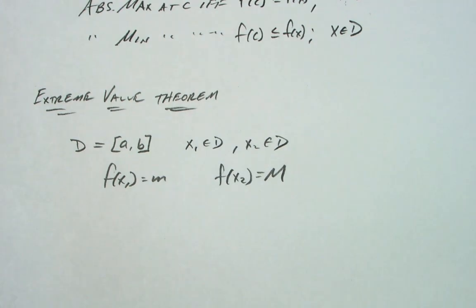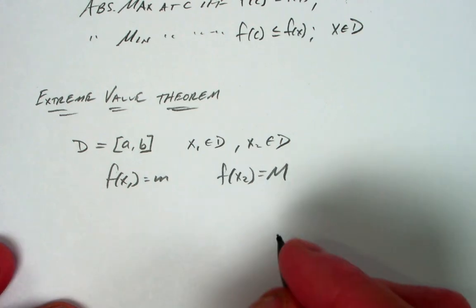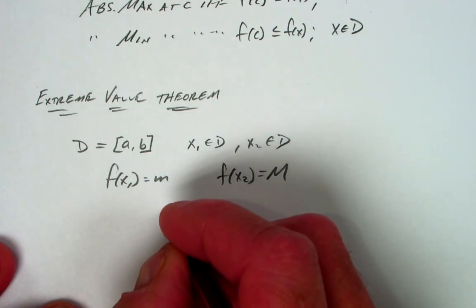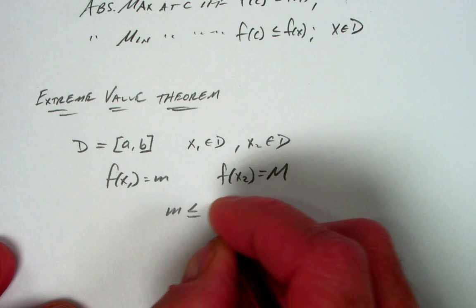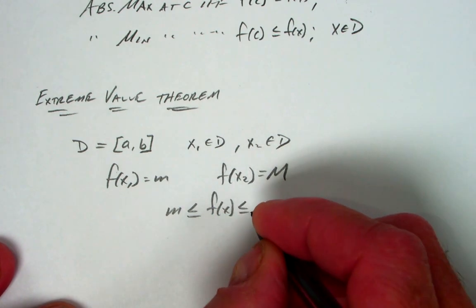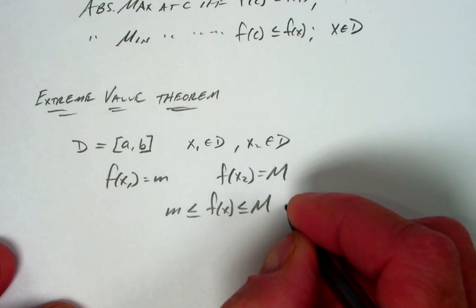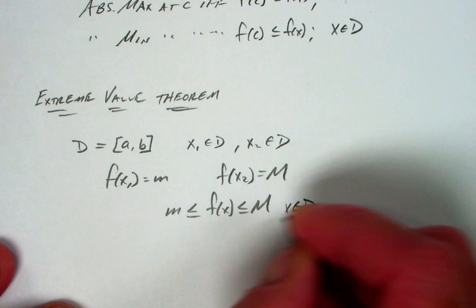I'm just going to write it and then we'll come back and explain it. So that m is less than or equal to f of x is less than or equal to big M for all x in my domain.